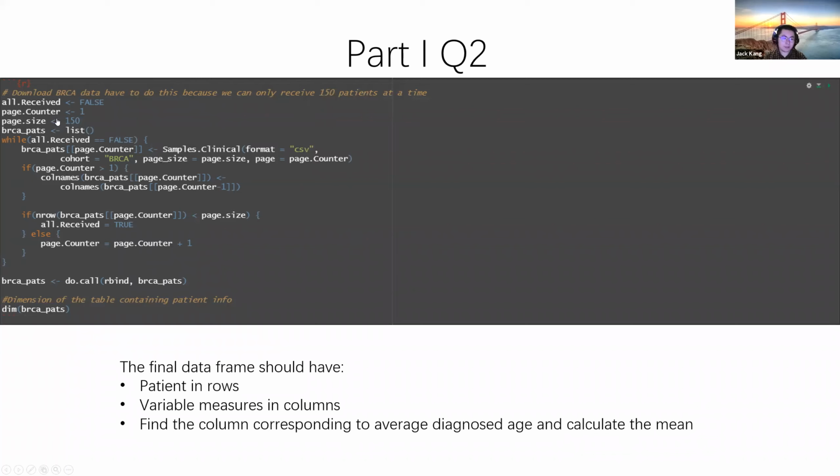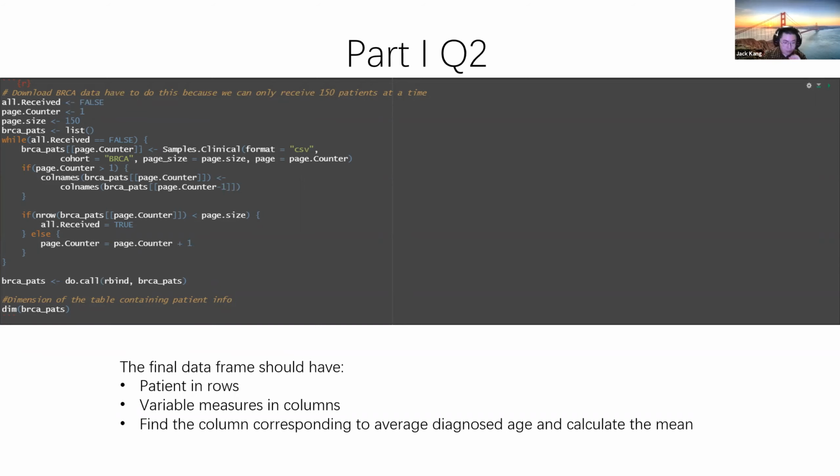I won't explain the details of this chunk of code, but it's just a for loop that extracts 150 patients each time and stores them as an element of a list. Then we use the do.call rbind command to row bind every element of that list to generate the final data frame.